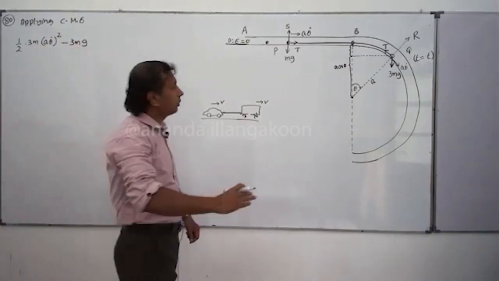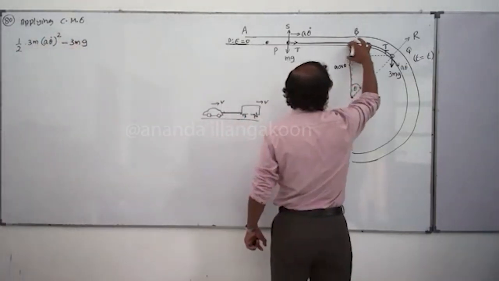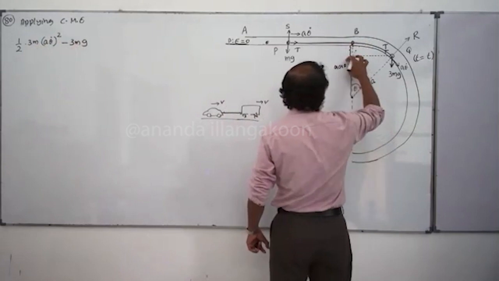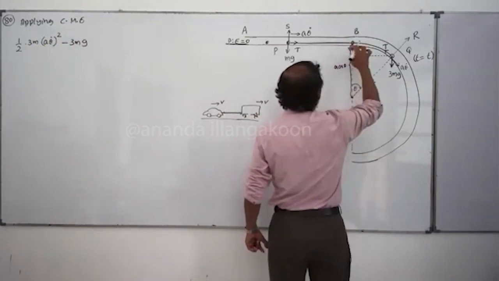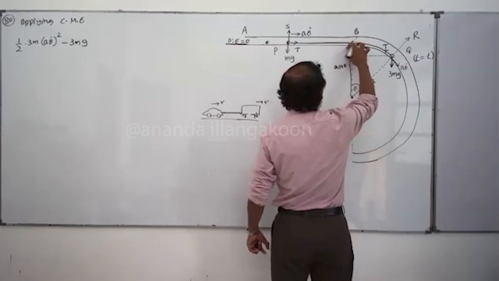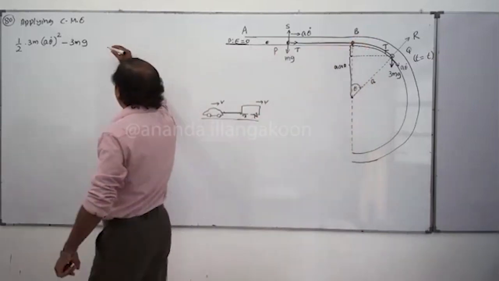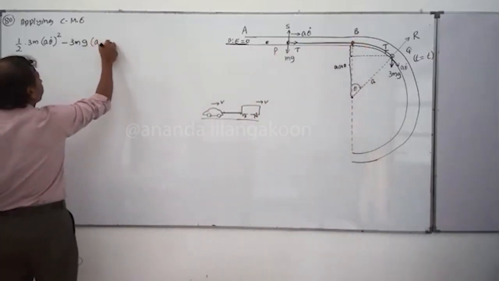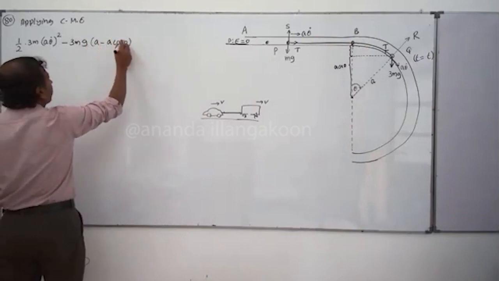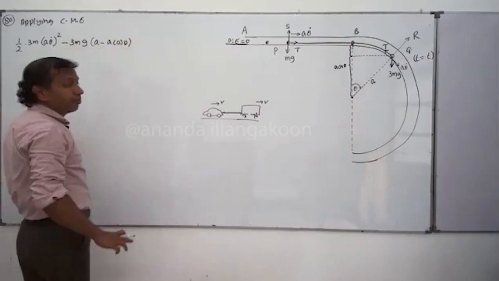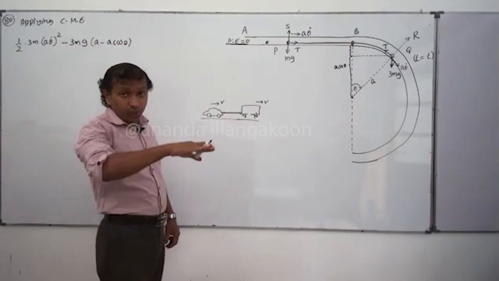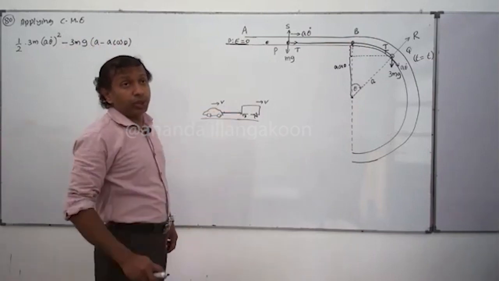The height is this a cos theta part; the whole thing is a, and when you subtract a cos theta, we get a minus a cos theta. The potential energy becomes negative because particle Q lies below the potential energy 0 level.